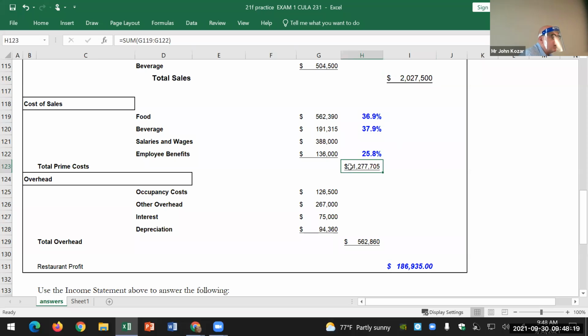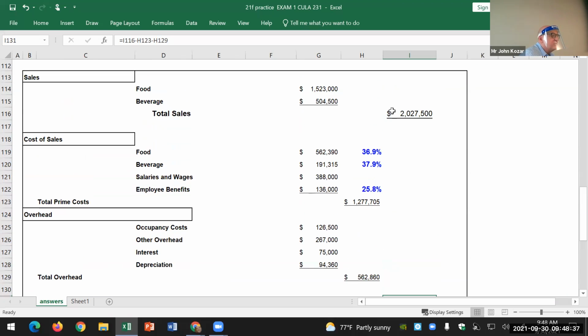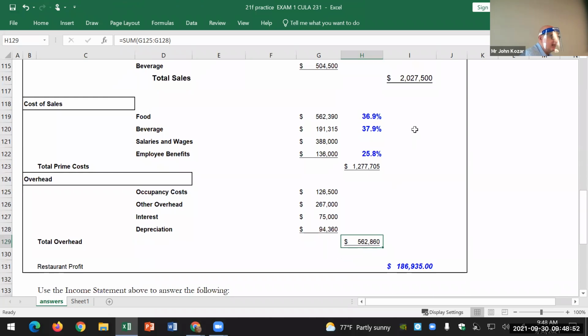We have to subtract all of the expenses, the total prime cost, and the total overhead, and we get $186,935. It's going to be your sales minus your expenses. So when you look at your expenses, I have a total of prime costs here, and a total of overhead costs here. And I'm adding those two together and then subtracting them from the sales figure.